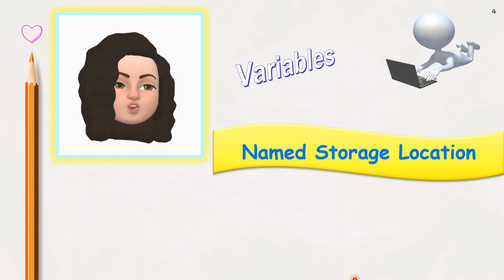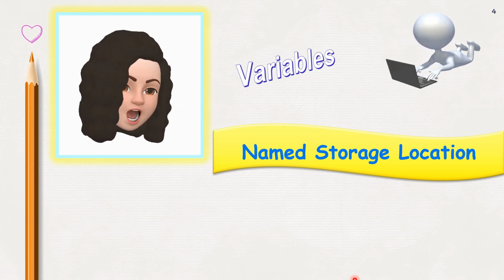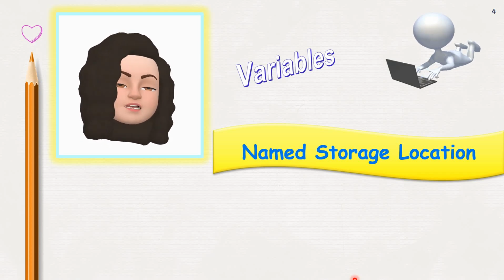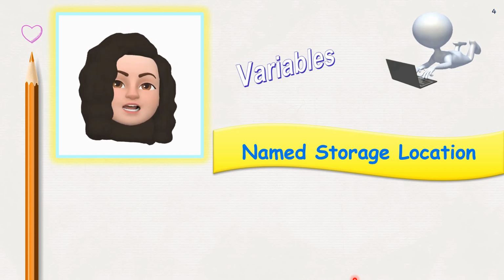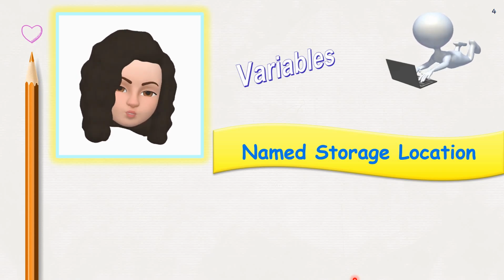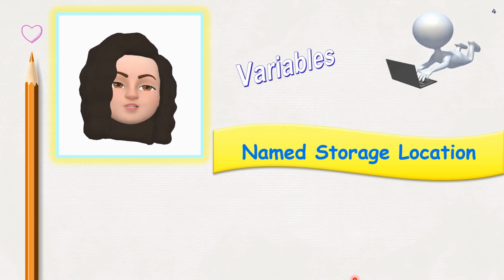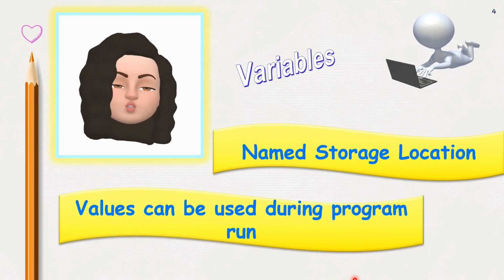Suppose you are residing in a house, you have an address for your house. Similarly, wherever this value is stored, an address will be there for that value. That is known as a variable, a named storage location. And the values can be used whenever you execute the program.